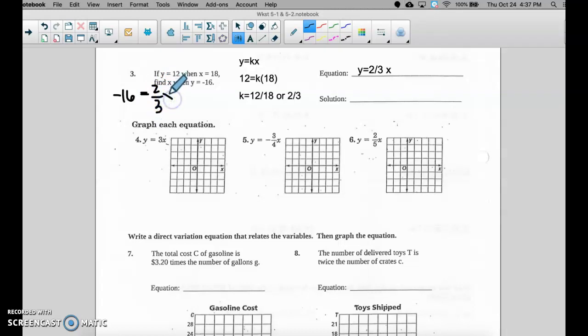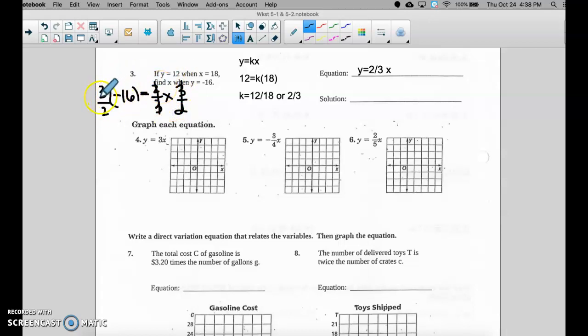We multiply by the reciprocal. That means we take this, we flip it on its head, and we multiply by 3 over 2. But again, it's a balance beam, so whatever we do to one side, we must also do to the other. We multiply both sides by 3 over 2. When we did it on this side, it canceled out the 2/3, so we only have x left on our right side.